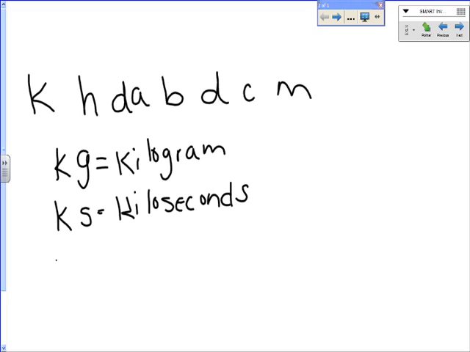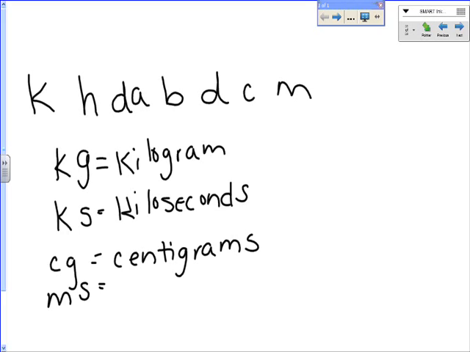If I have CG, that's going to be centigrams. So the first letter is always the prefix, the last letter is always the unit. If we have MS, that's going to be milliseconds. If we have ML, remember when I said earlier that liters is a capital L? ML is going to be milliliters.